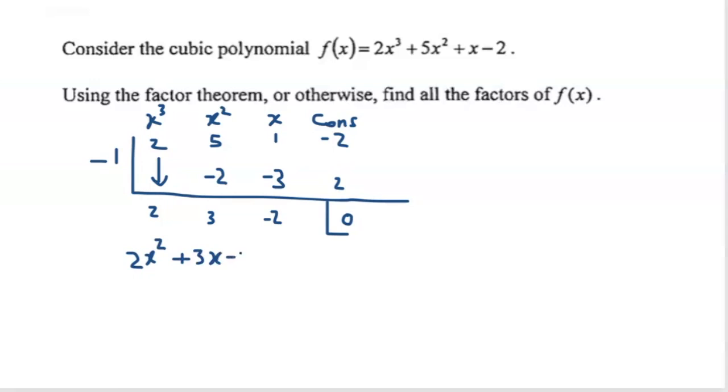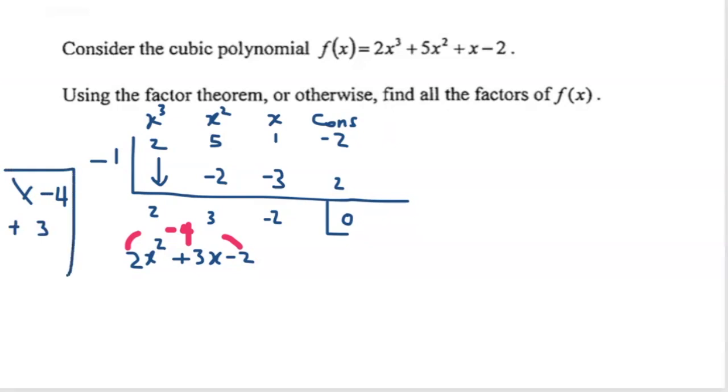And now we need to factorize. So we have to use the AC method where I multiply 2 times negative 2. That gives me negative 4. So we need two numbers that multiply to give me negative 4, but when I add, I will get the positive 3 that's in the center.